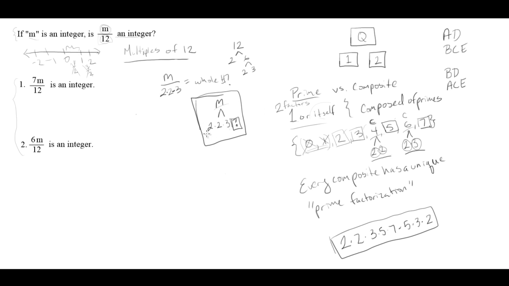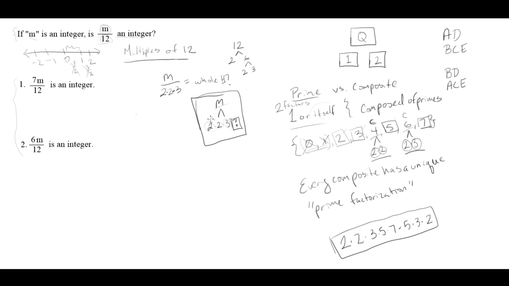Now, at this point in time, it's worth noting that we really only need to know, can we prove that there are these three numbers inside of m, or disprove that these three numbers are inside of m. If we can disprove that, so that there's only one 2 and not a second 2, well, then we would answer, is m over 12 an integer?